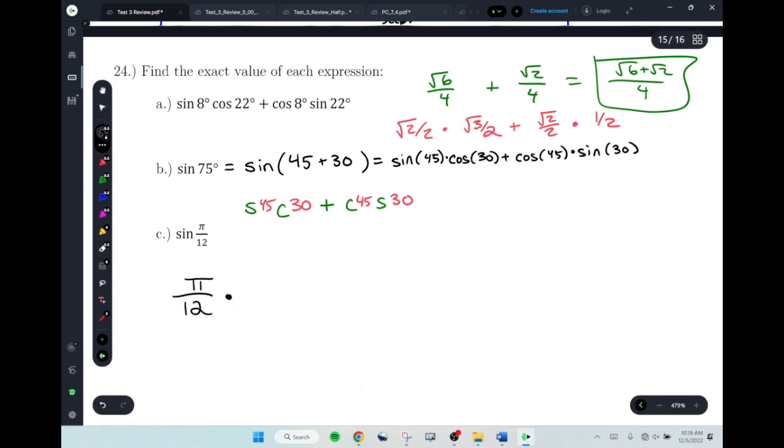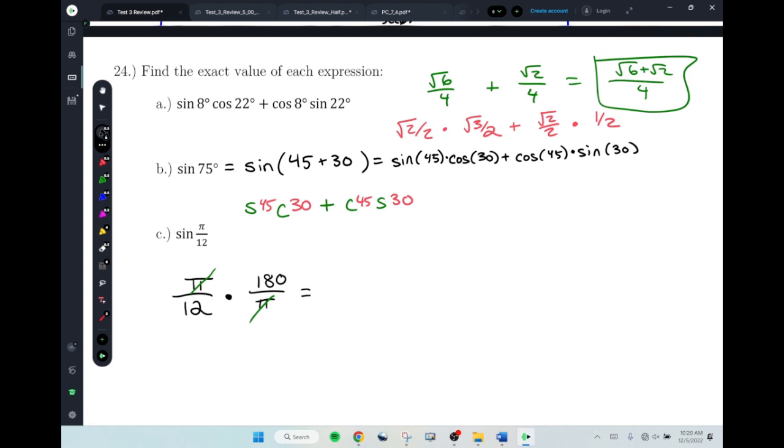How do we convert that to degrees? 180 divided by pi. Always make those pi's cancel. If there's not a pi, you have to add one, put it on the top. If there is a pi, you have to cancel one, put it on the bottom. It would be 180 over 12, which is actually 15.